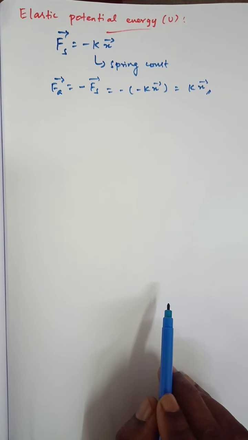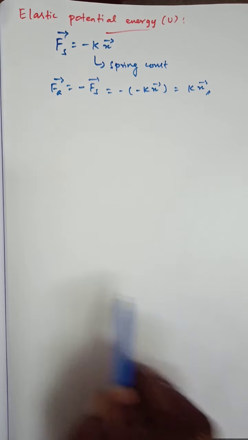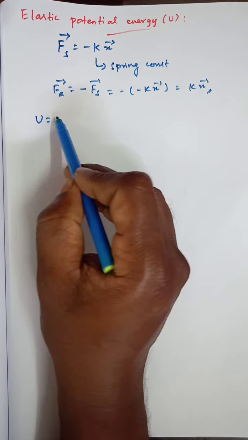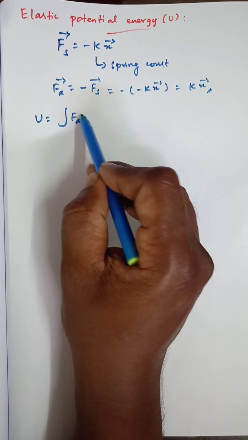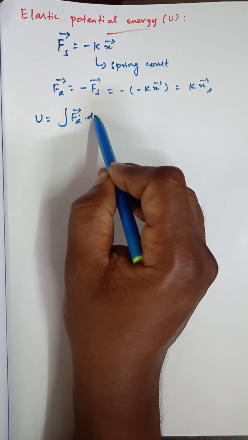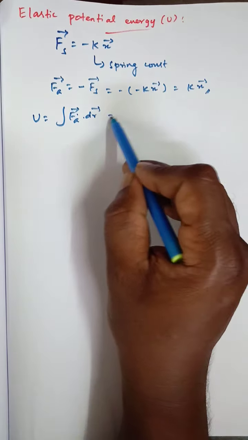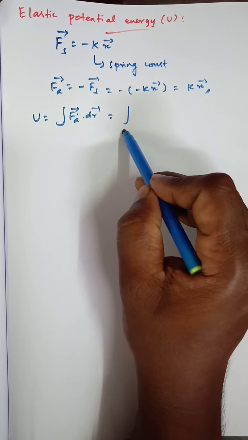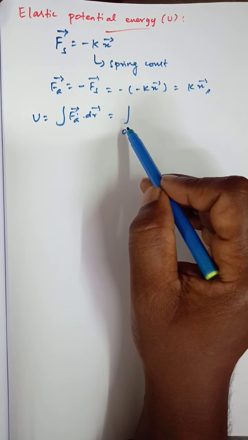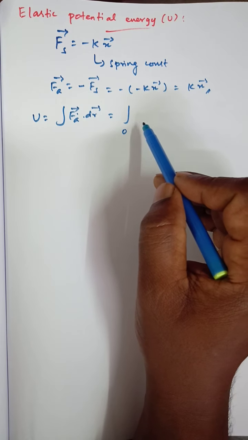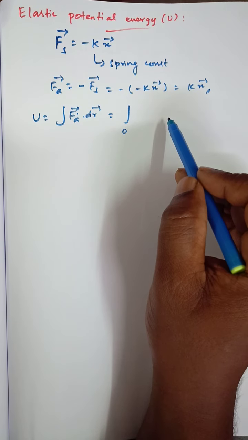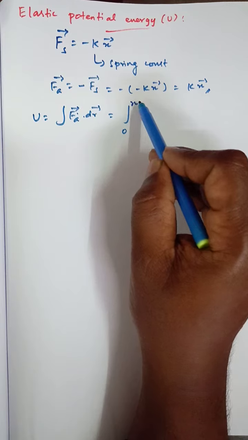Then we find the elastic potential energy U, because U is equal to integral of Fa into dr. So without the vector form of force, we write: the spring is moving in the x direction up to the limit of x, so the limits are 0 to x.